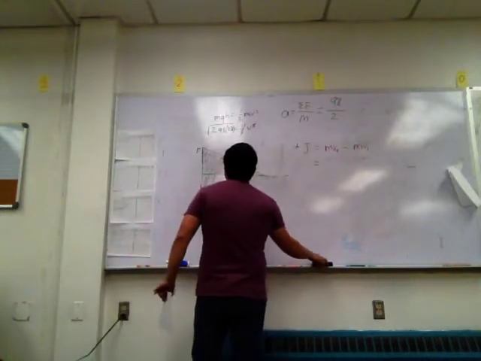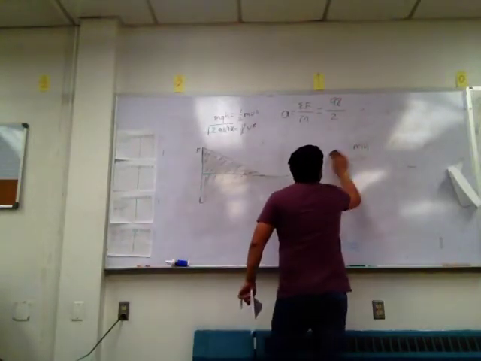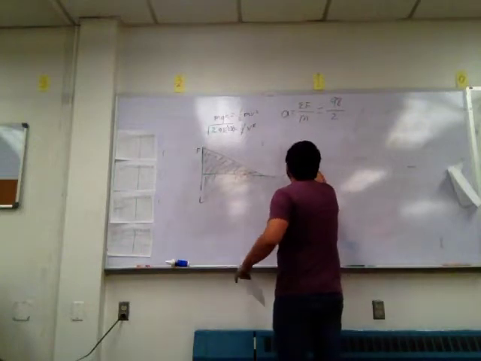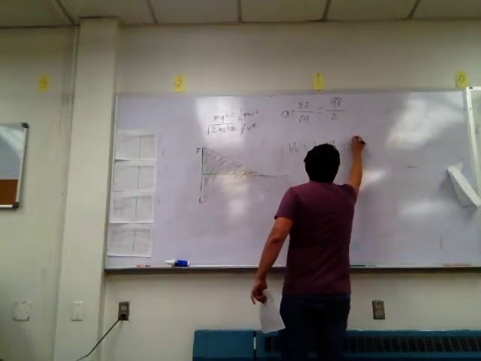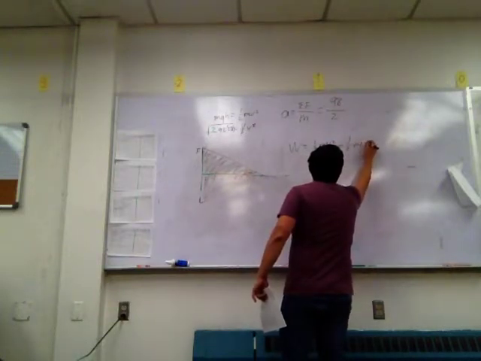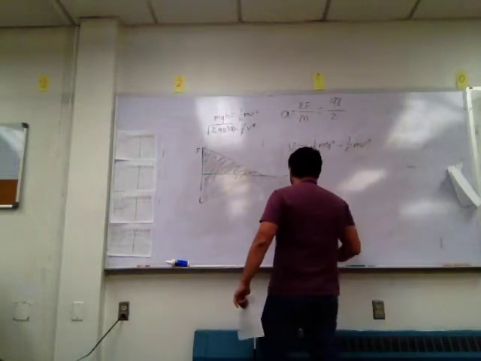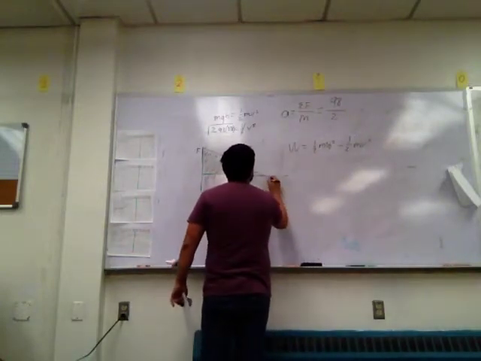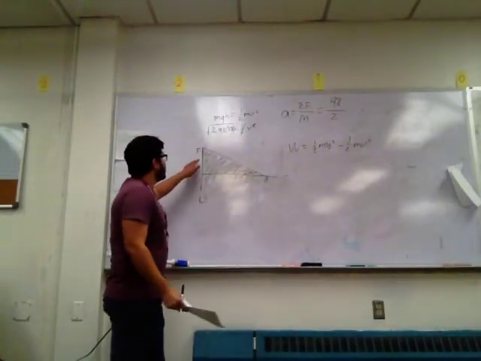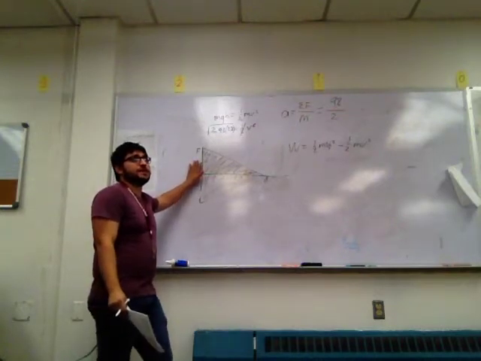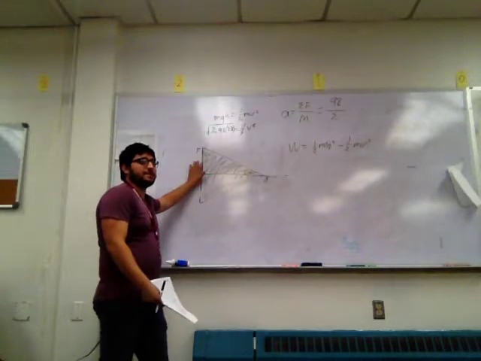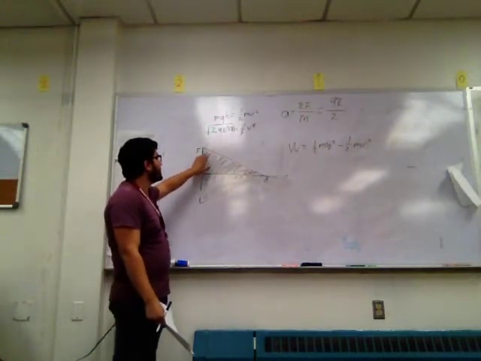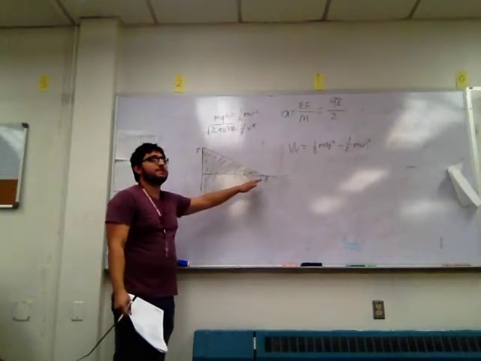Which leads me to work. Let's go to work. Work equals change in energy, 1/2 mvf squared minus 1/2 mvi squared, change in kinetic energy. So let's say this is distance. This doesn't mean the object is slowing down right here. The object is speeding up. The work done every second is less.